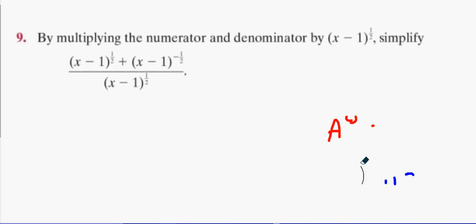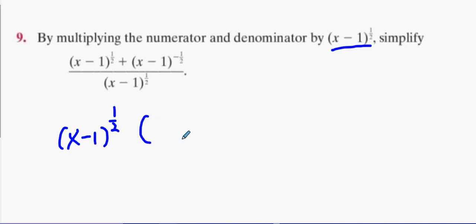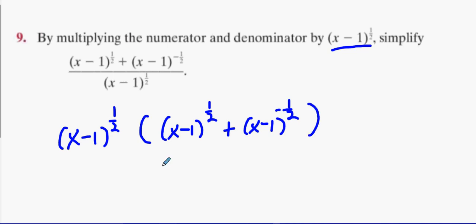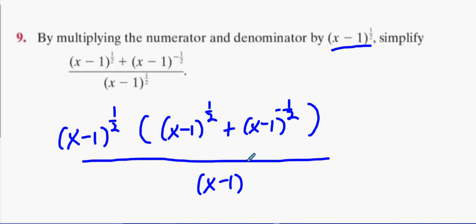Now, would you agree that it's all x minus 1 here, isn't it? And what I want you to do is multiply the top and the bottom by x minus 1 to the power of a half. So it's going to be x minus 1 to the power of a half multiplied by x minus 1 to the power of a half, plus x minus 1 to the power of minus a half, all divided by x minus 1 to the power of a half.